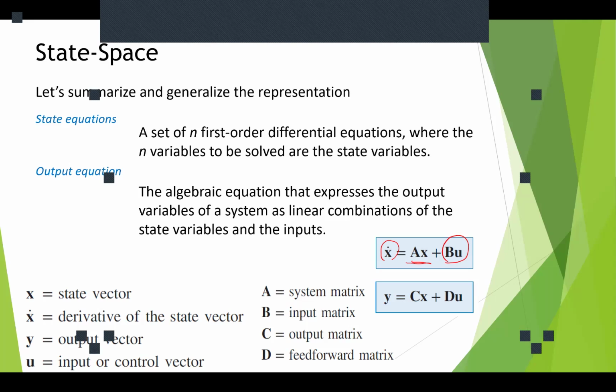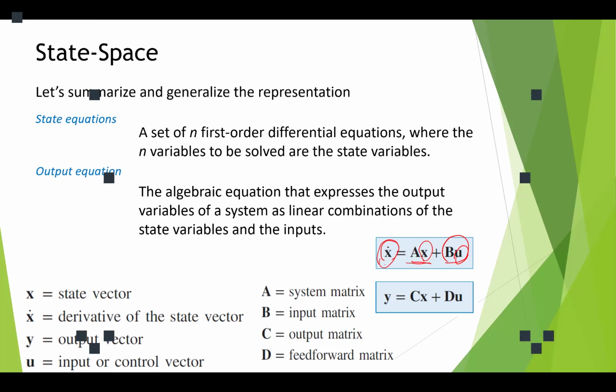Does that make sense? This is a vector. This is a vector. This is a vector. So it doesn't mean we have only one variable or one differential in our system, and doesn't necessarily mean we only have one input. So we might have multi-output, multi-input to define and to analyze. Are we good?